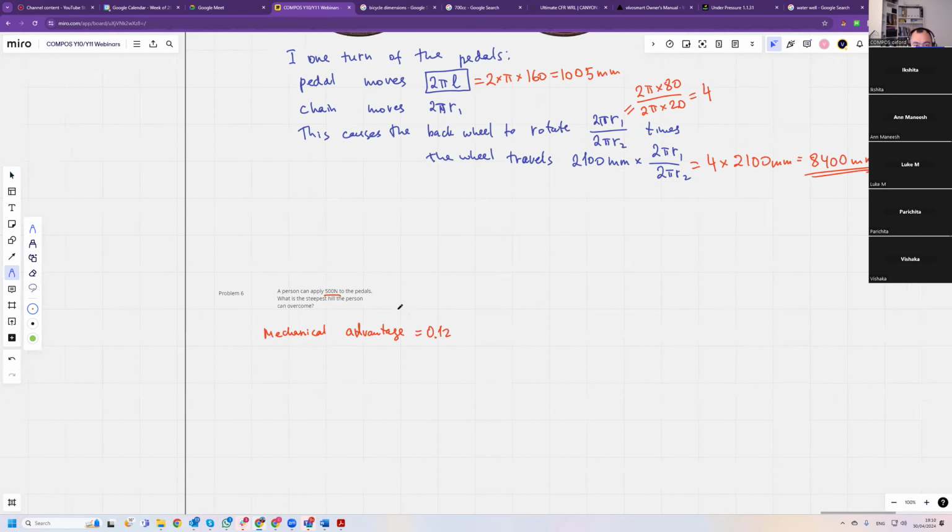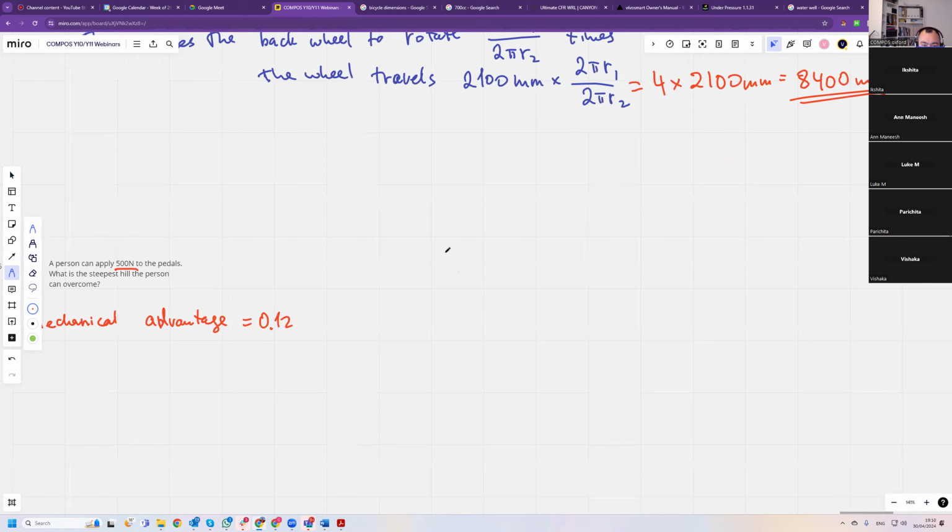That means, so if the bicycle is on a steep hill, how much force do we need to keep it going?